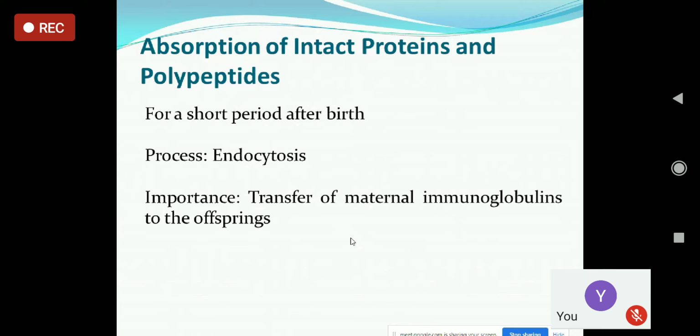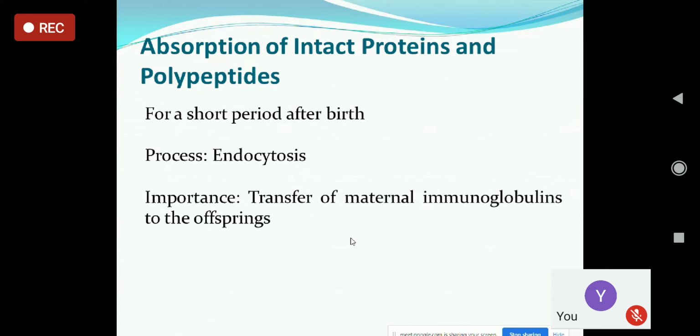The importance of this is that there is transfer of maternal immunoglobulins to the offspring. You've heard that breast milk is the best for the baby, right? So why do you think that is? The breast milk immediately after birth contains the immunoglobulins, which are intact proteins.